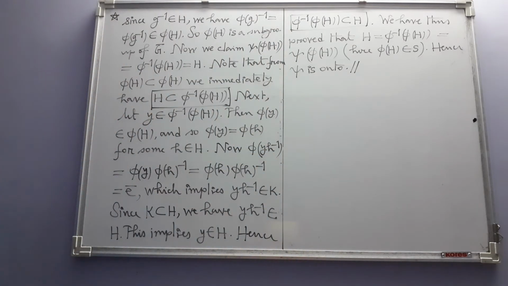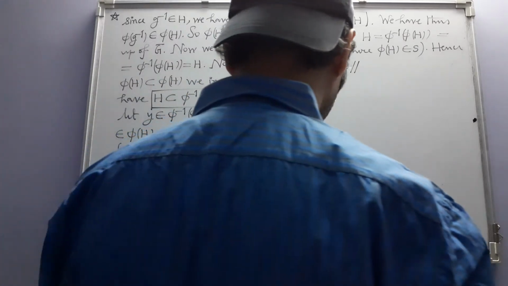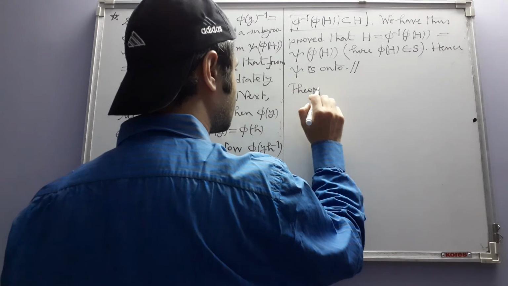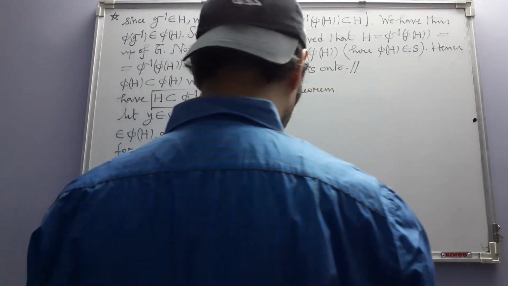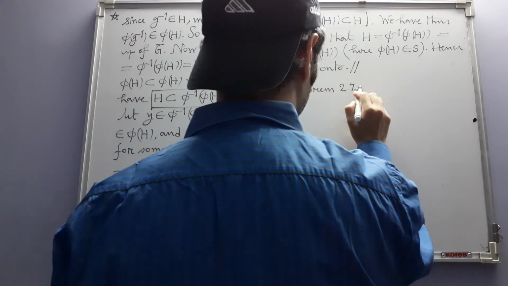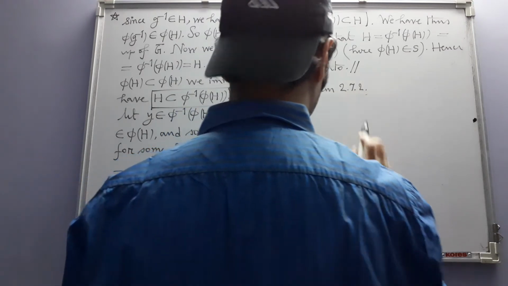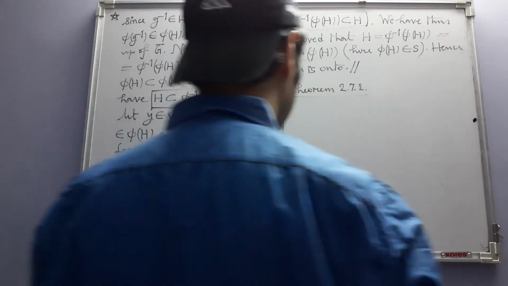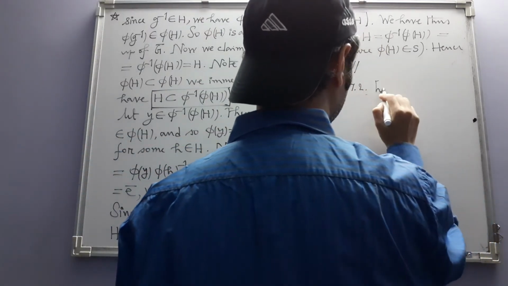There is one more similar result, but it's written as a theorem. This is theorem 272. Let phi be a homomorphism. Okay, so the beginning is the same.